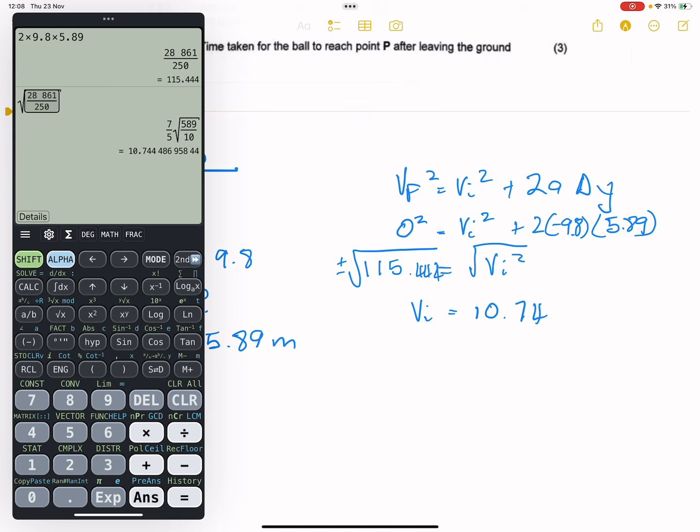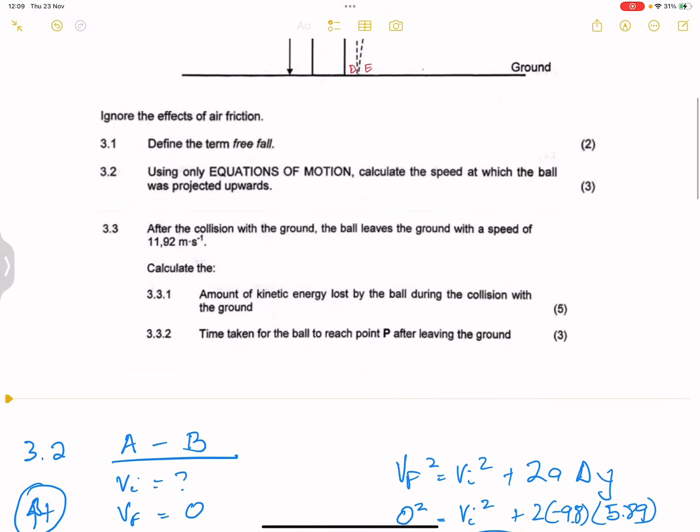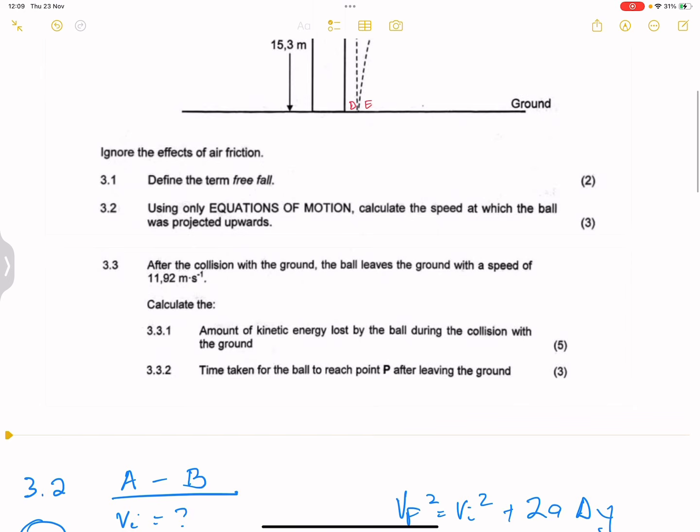We're going to take the positive square root, and the reason for that is that it was actually projected upwards, 10.74 meters per second upwards. All right, so there we go. However, they said the speed, so there was really no need for me to mention direction.